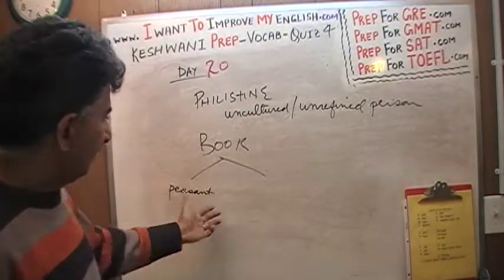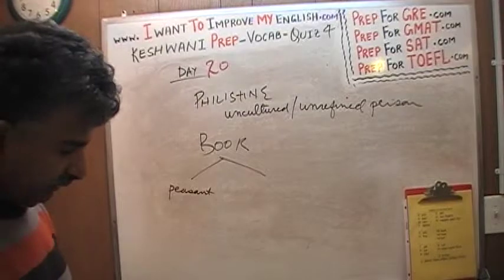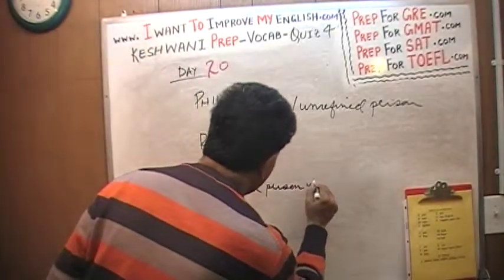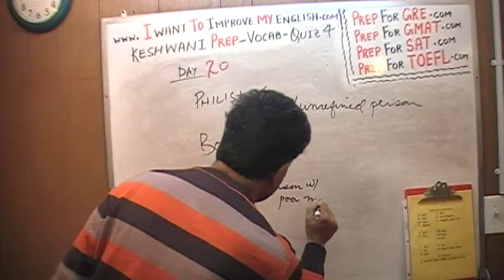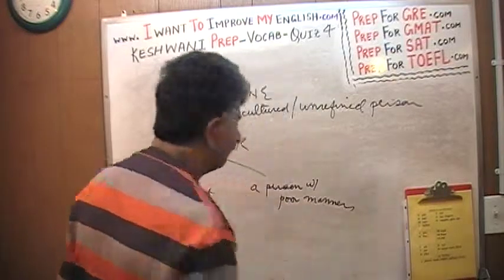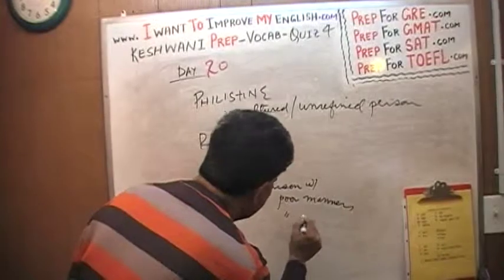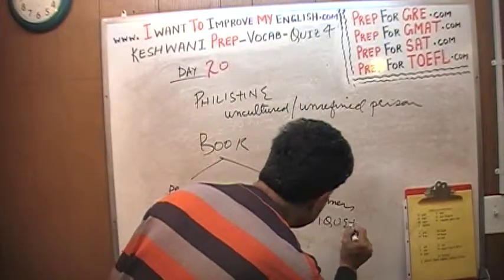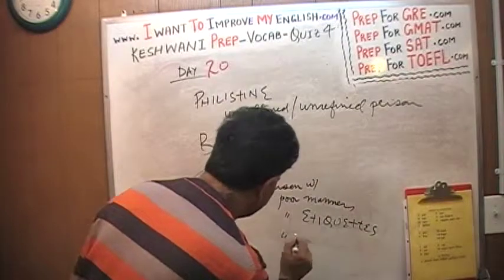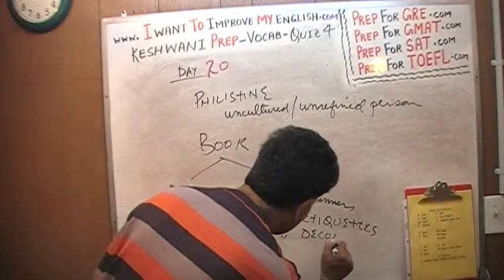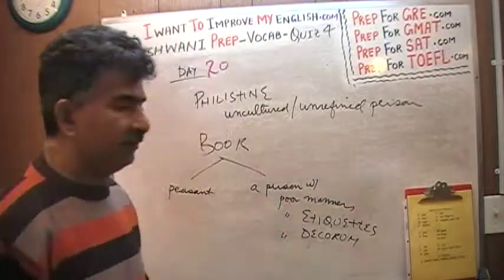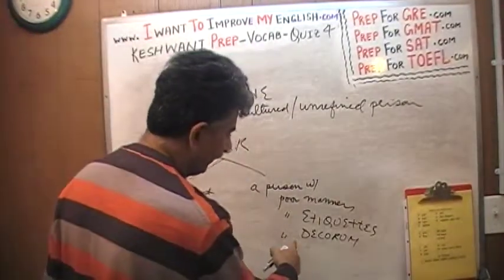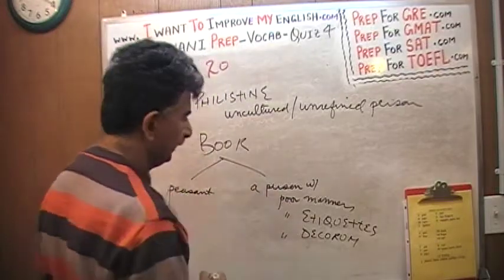Literally it means a peasant; metaphorically it means a person with poor manners, poor etiquette, poor decorum. Decorum means manners. And these are nouns, obviously. Decorum, etiquette, these are nouns.